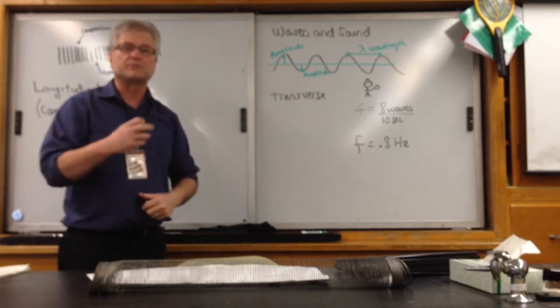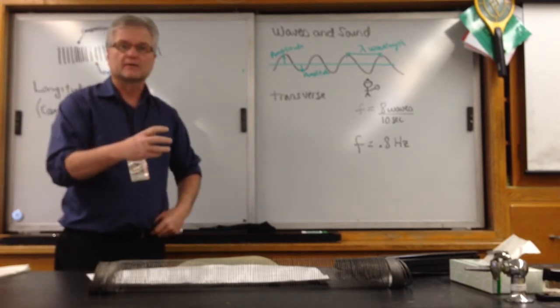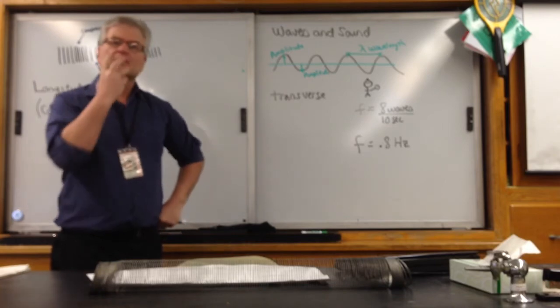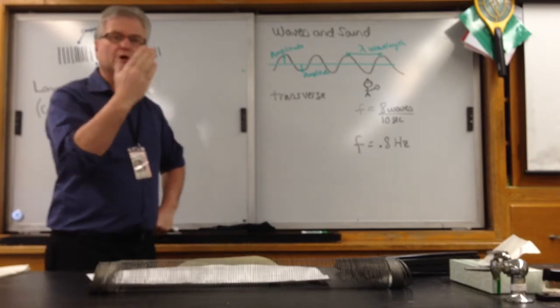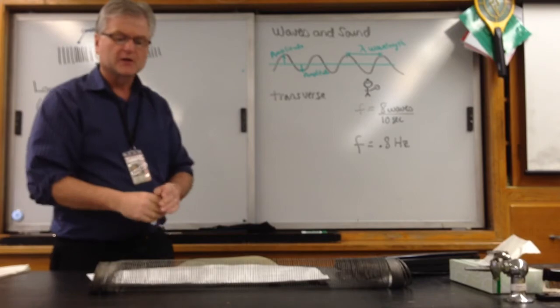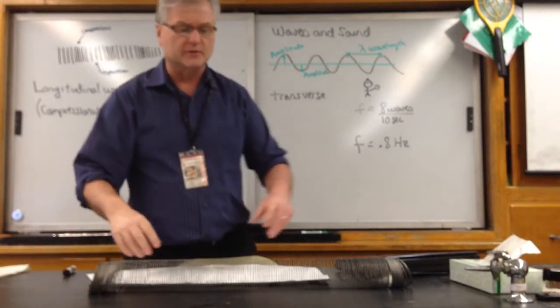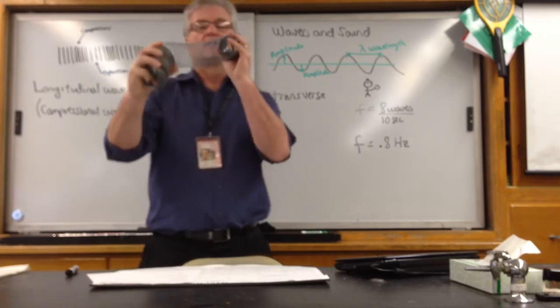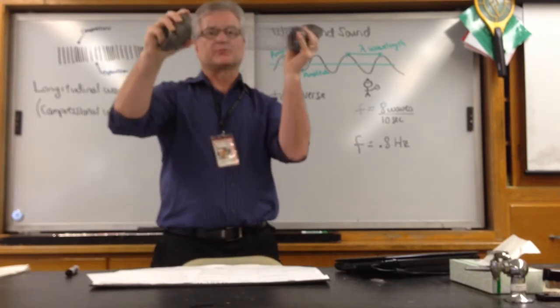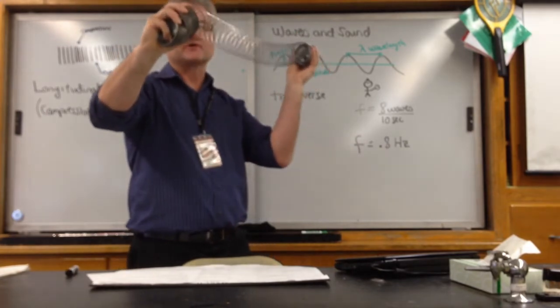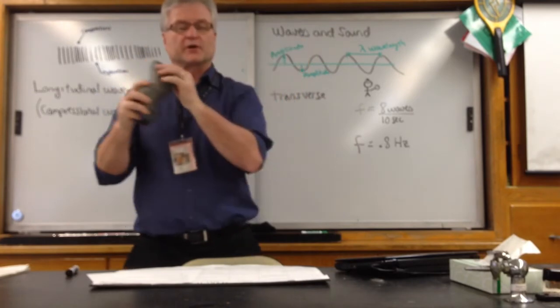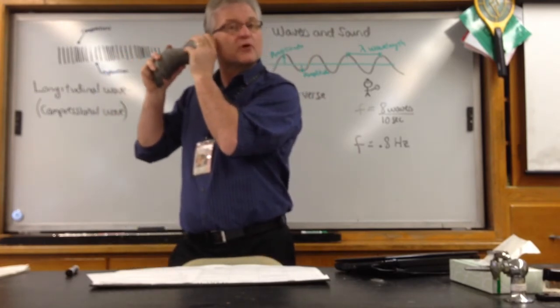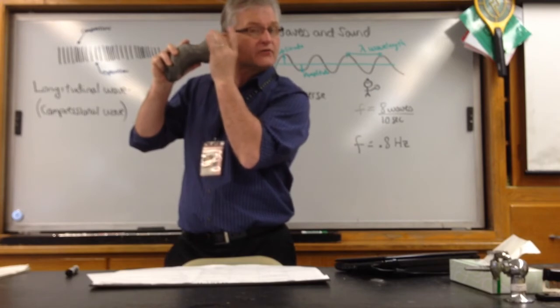So when I speak, I say, hey, pay attention. What's actually coming out of my mouth is a pulse, a change in the pressure. So that sends that pulse out to your eardrum. So when I say, hey, hey, it sends a pulse out, travels through the air, and then when it reaches your ear, the pulse goes back and forth and then moves your eardrum in and out like so.